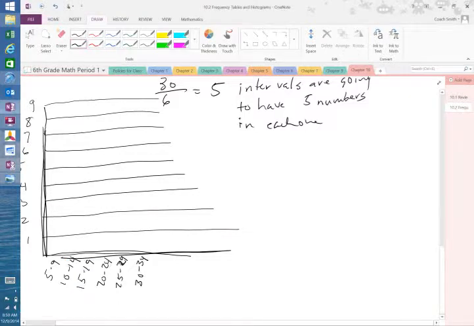And then I just do my frequencies. How many 5 to 9s did I have? Was it 9? So I would go all the way up to 9 and come down. How many 10 to 14s? 3. So I go up, come down. 15 to 19 was 3 too, correct? So I come up, go down.